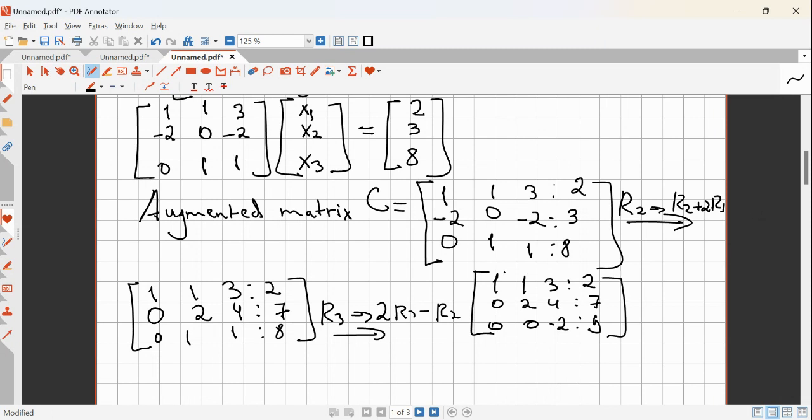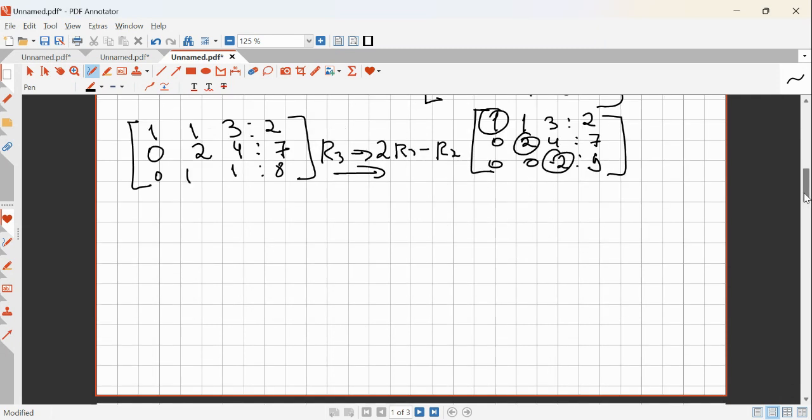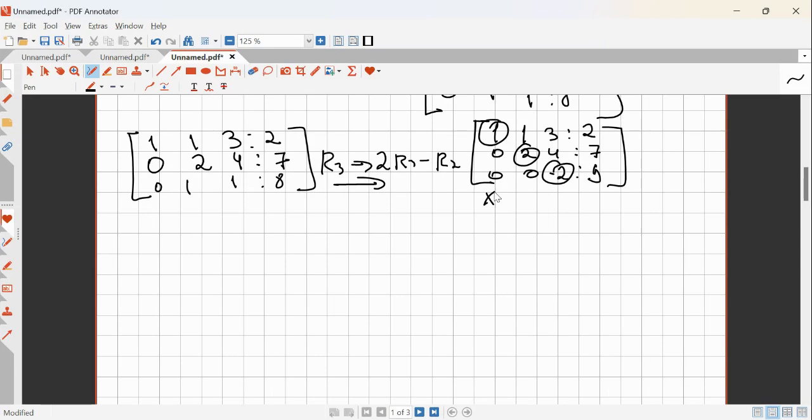So we got pivot positions in this position, in this position, and in this position. x1, x2, x3 are basic. There are two types of variables we can define. The first type is basic, and the second type is free.